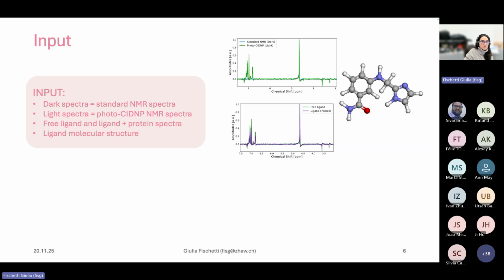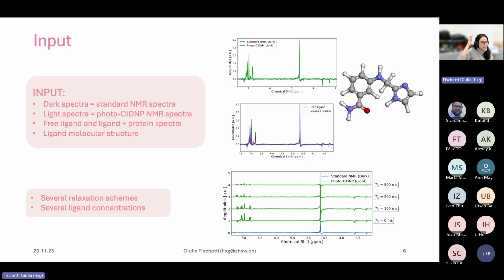We are also tackling the possibility to consider several relaxation schemes, so to measure the spectra at different relaxation times and use them in the analysis as well, and to include several ligand concentrations to also analyze titration experiments.